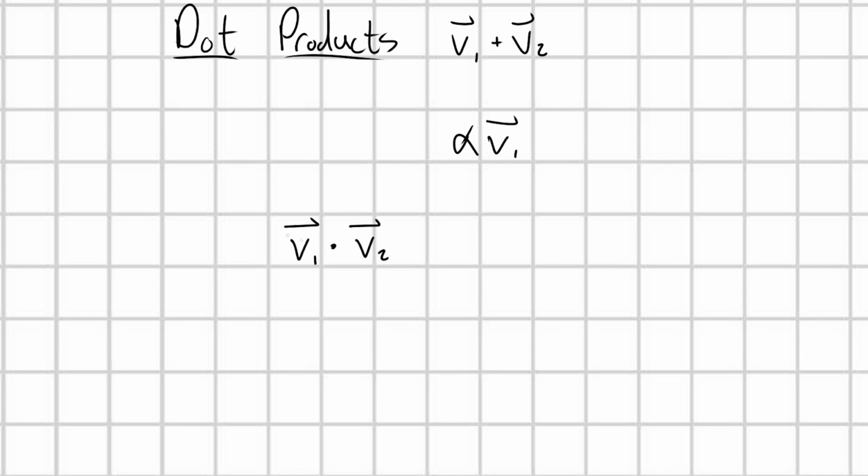Very generally this is called an inner product for any vector space, although in the context of Euclidean vectors, we refer to this as a dot product. And this is going to output a scalar value.